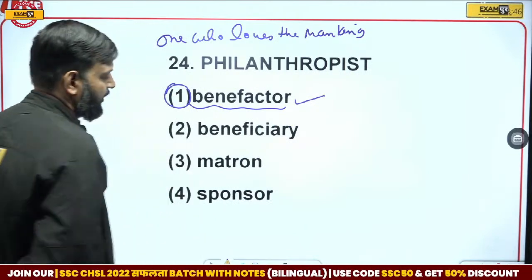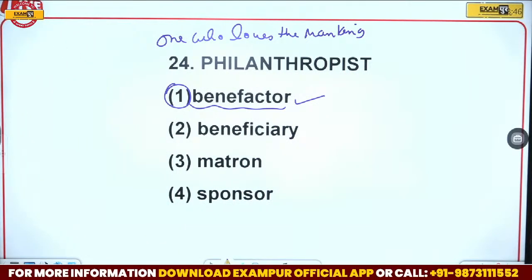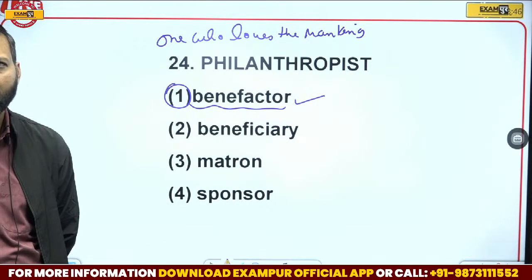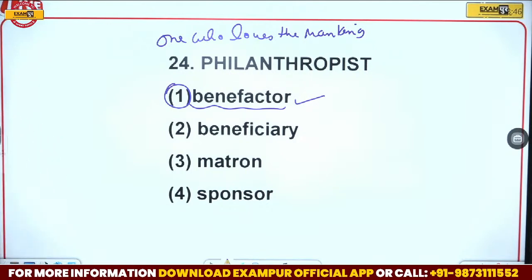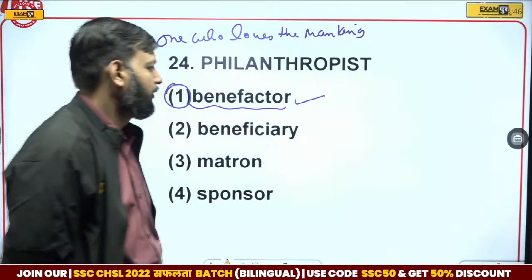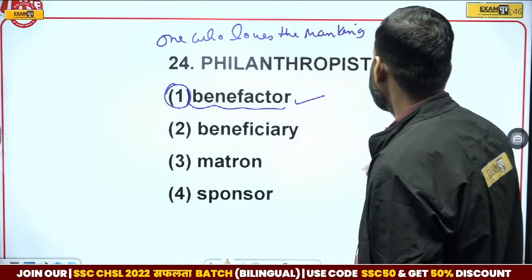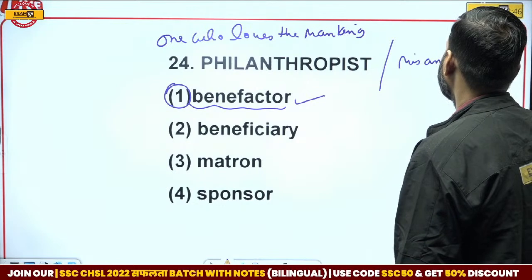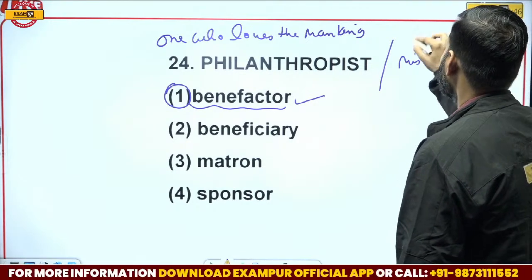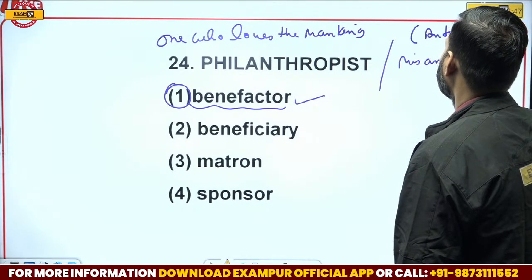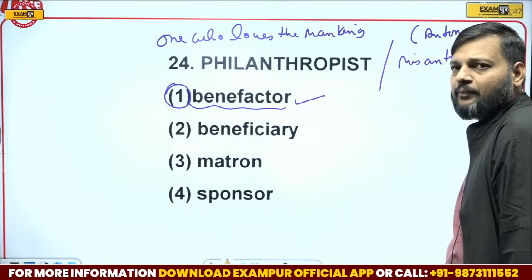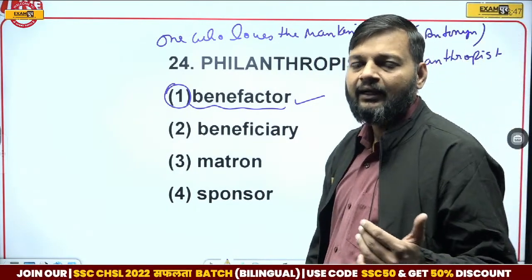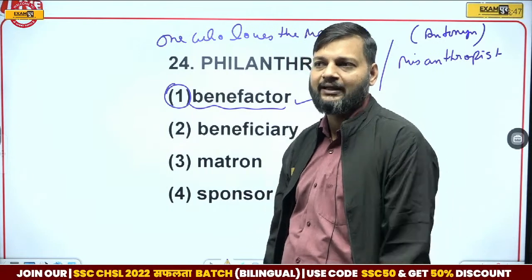The opposite of philanthropist is misanthropist. This is the antonym. Philanthropist means one who loves mankind, and misanthropist is one who hates mankind.